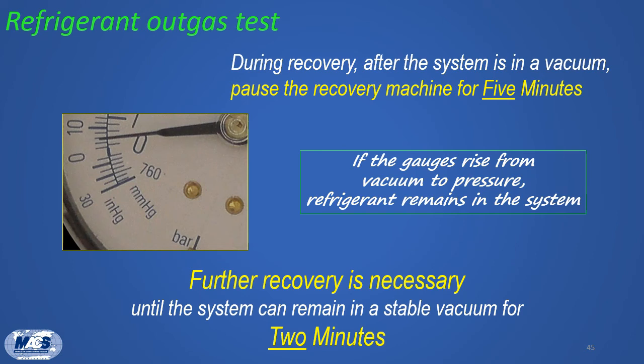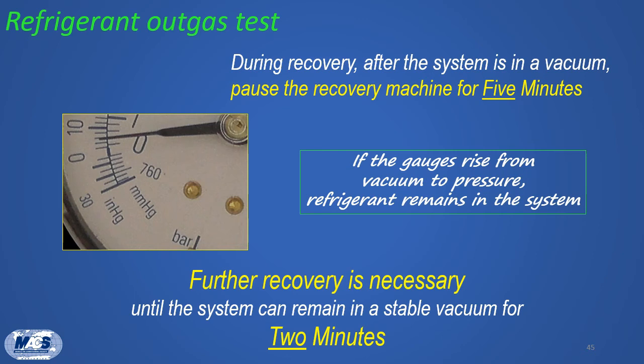At this point, you're going to turn the recovery machine back on and perform the refrigerant outgas test. During recovery, after the system is in a vacuum, you'll pause the recovery machine for 5 minutes and you'll watch the low side gauge. If that needle rises from vacuum into pressure, that means that refrigerant is still in the system and further recovery is necessary.